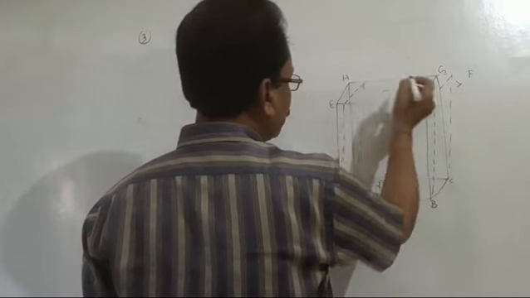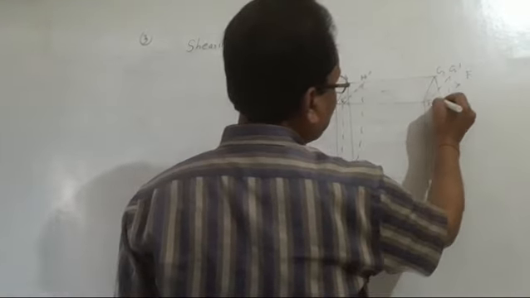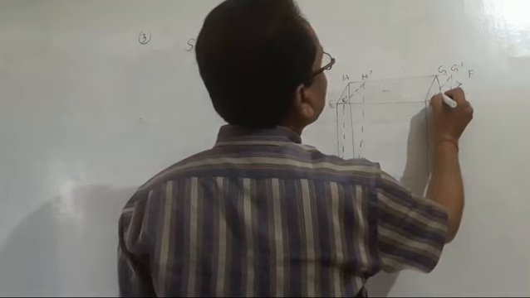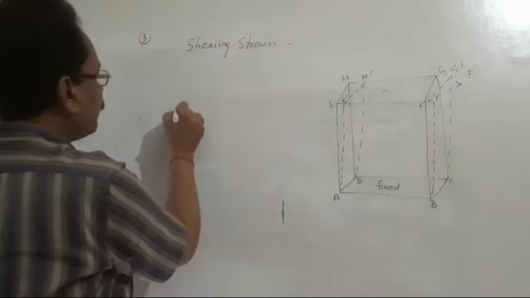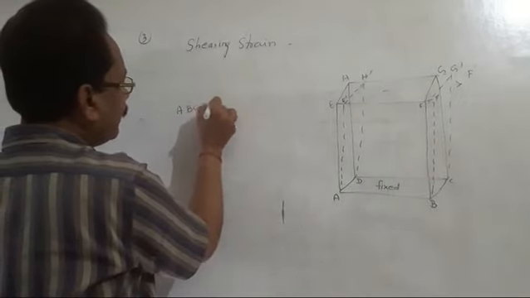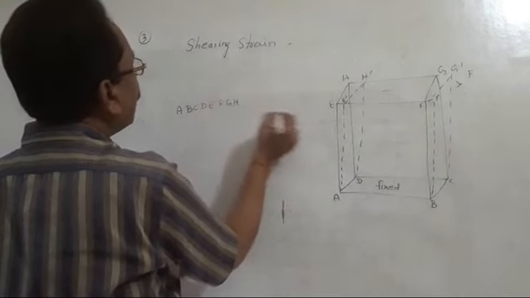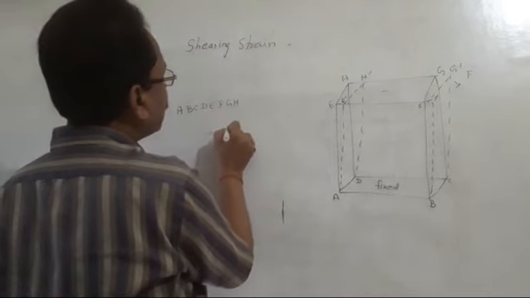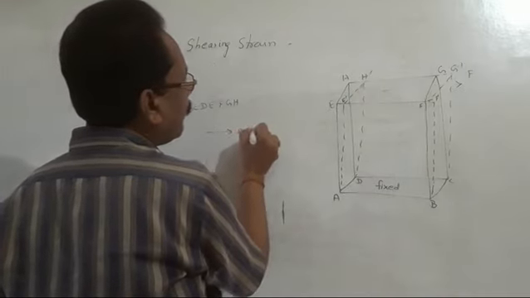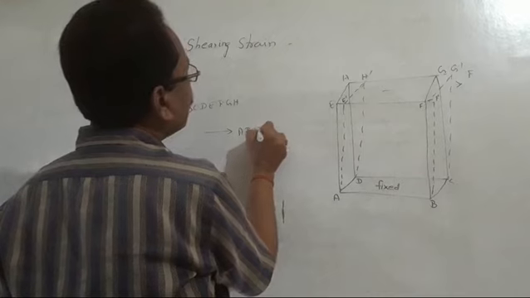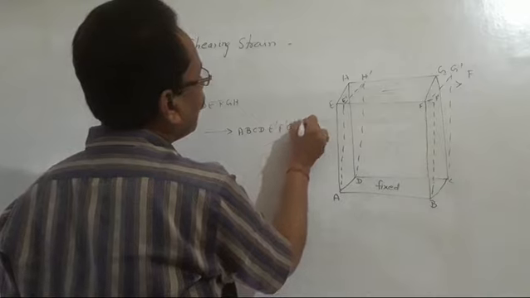So now E becomes E dash, H, H dash, G, G dash, and F, F dash. First its position was A, B, C, D, E, F, G, H. And now after applying the deforming force, also known as tangential force, its position becomes A, B, C, D, E dash, F dash, G dash, and H dash.